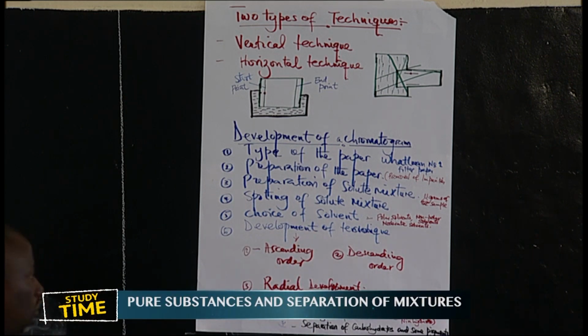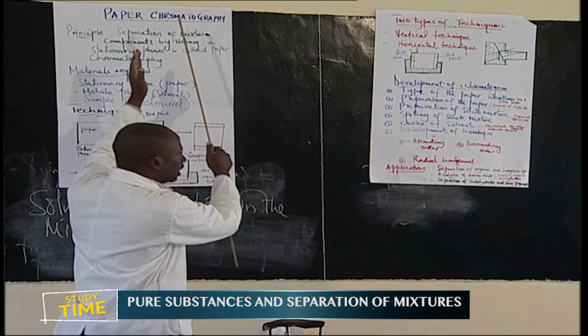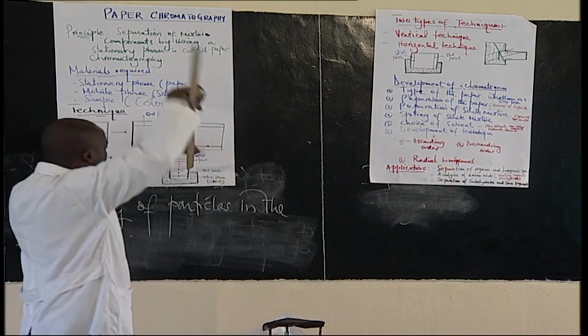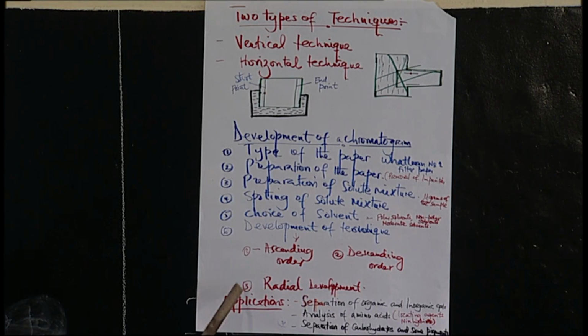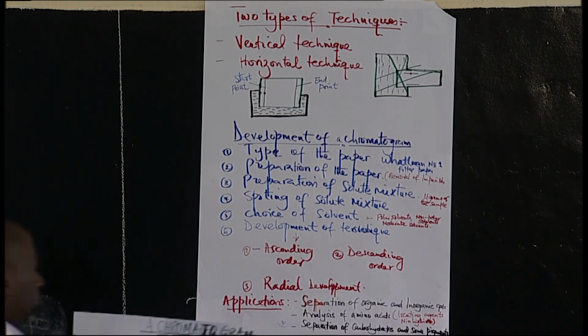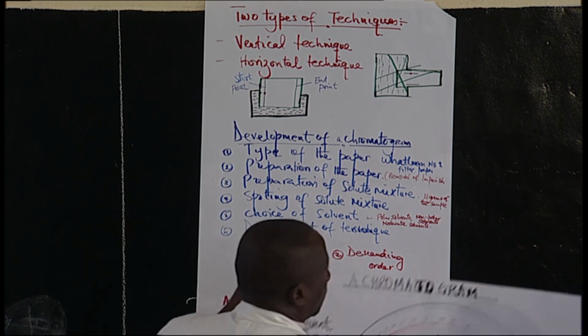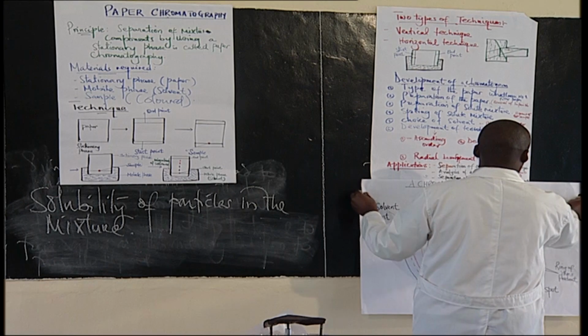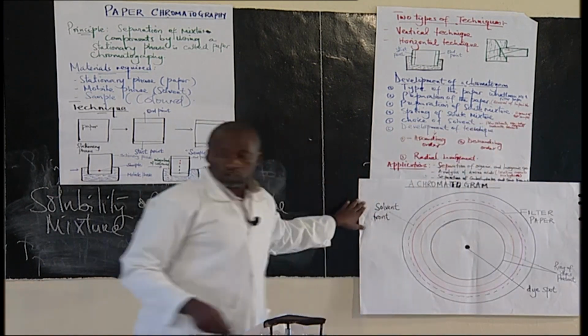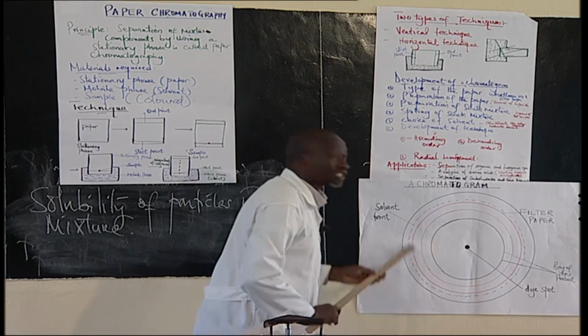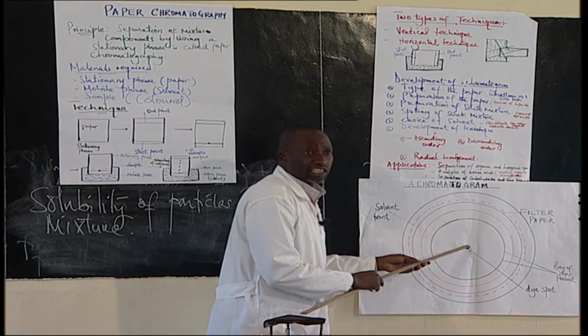Development of the technique, we have the ascending order. The ascending order is this one. Then we have the descending order where the mixtures will be moving downwards. And then we have the radial development. The radial development is the most common that we use. So in the radial development, the whole of this one is the filter paper, and then you have the ink in the middle.